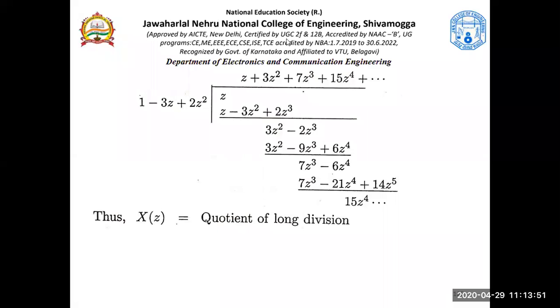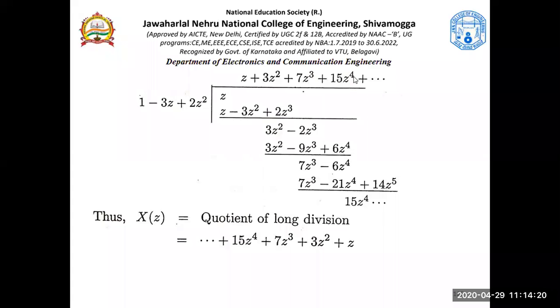X of z was given to be some numerator and denominator equation, but here it is now being expressed as a power series expansion. This is also called power series expansion. The method is called long division method, and this is what the quotient of long division method is.